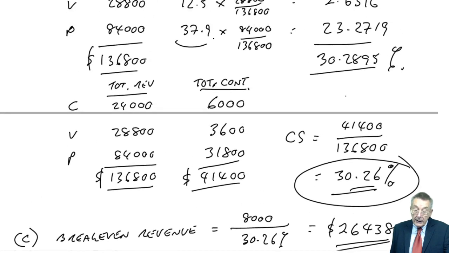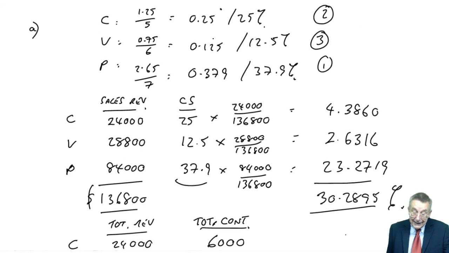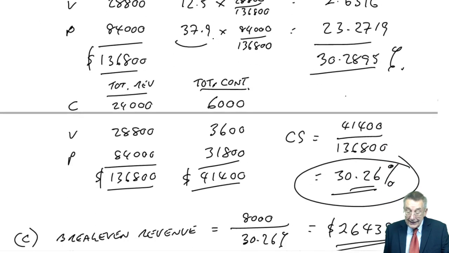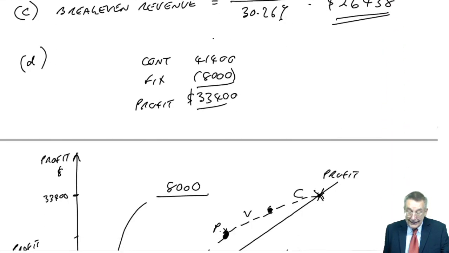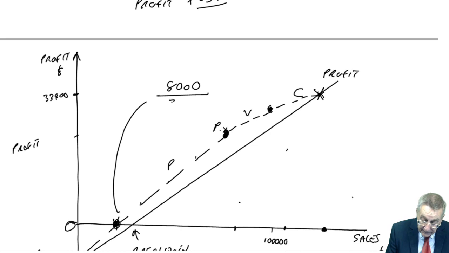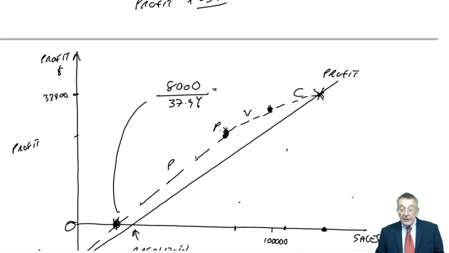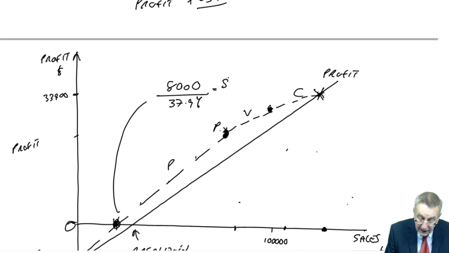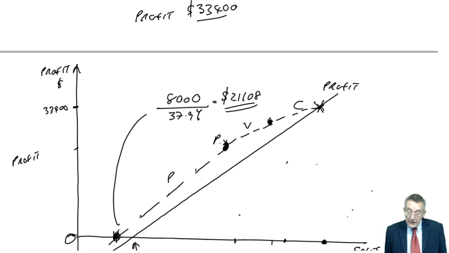I would have to wind all the way back to remind myself what it was. It was 37.9. And so the break-even revenue, there's a bit of rounding, as I mentioned before, but still, it's about 21,108. And does that look reasonable?